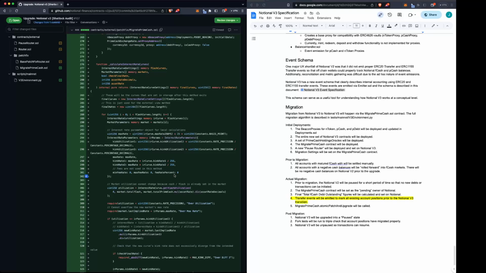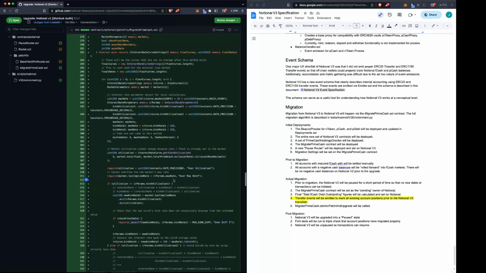When we swap that interest rate curve, the main thing we want to make sure is that the interest rate doesn't jump all of a sudden from before to after the upgrade. In order to do that, we have to do some kind of reverse calculation of where the current market utilization is on a given fCash market, and how we should adjust the new interest rate curve to get us to the same interest rate that we have now, so that you don't see this discrete movement in the interest rate as we go through the upgrade.